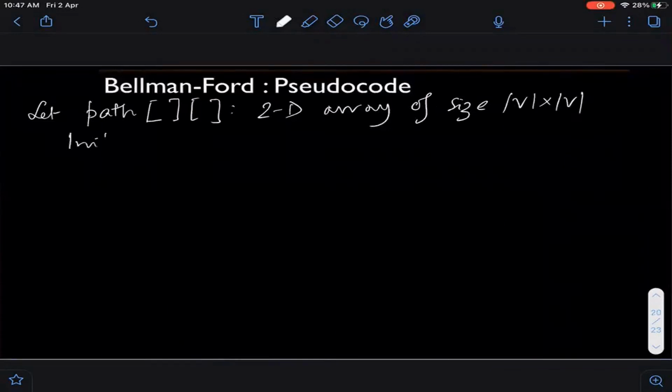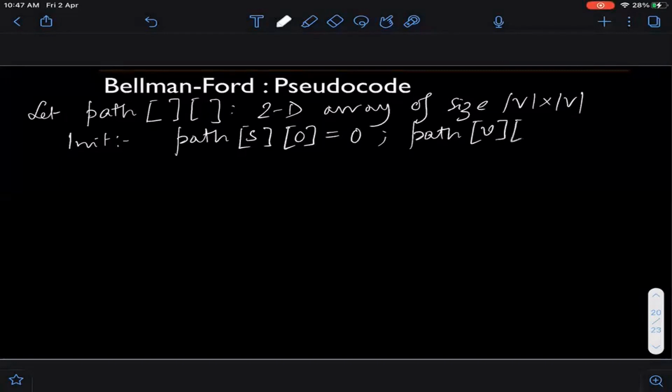Okay, good. So how do you initialize? Well, the initialization is straightforward. Path S comma 0 is equal to 0, and path V comma 0 is equal to infinity for all V not equal to S. And now I have to run for loops.